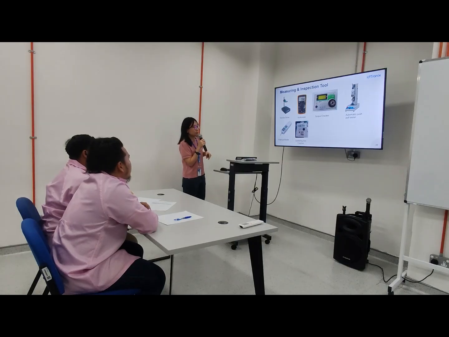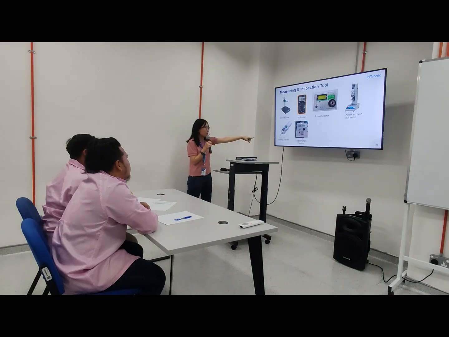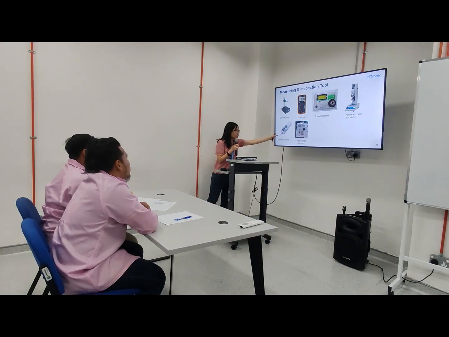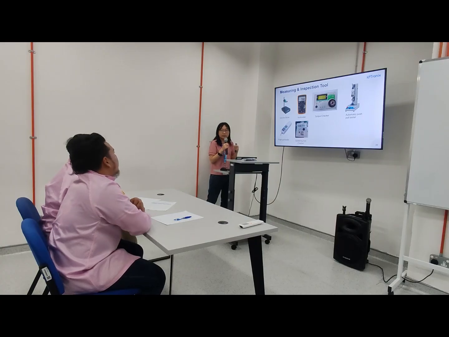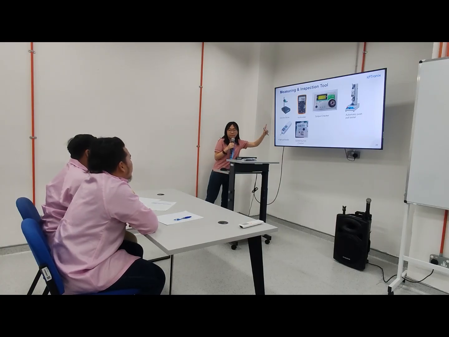Next is our automatic push-pull tester. This one is for our antenna project. For antenna, we have the auto and also the manual. This is the manual push-pull. We can hang the product here and then pull the product, then we check the spec.